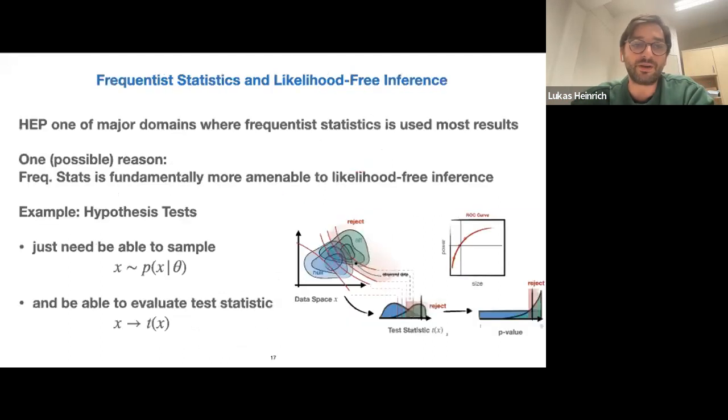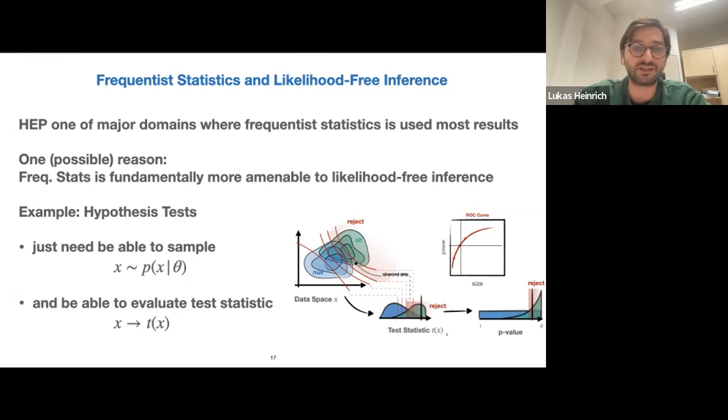Okay, one interesting coincidence, or maybe not so much a coincidence, is that high-energy physics is also one of the major domains in fundamental science where the main statistical school of thought is frequentist statistics.